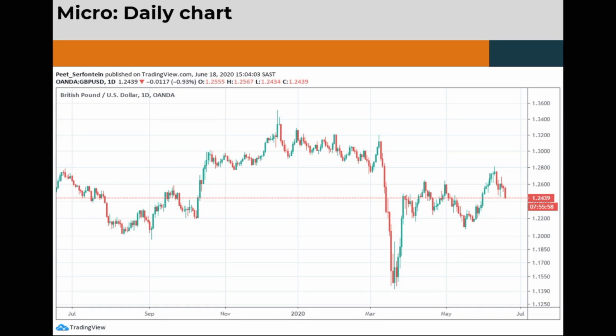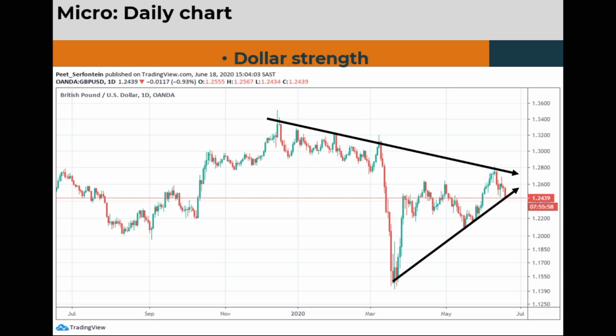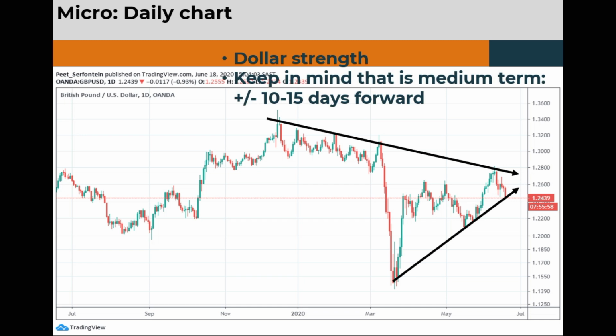Now let's look at my micro setup, and that's typically my daily chart referencing about a year of data. You can see now 2 trend lines that are converging, but overall if I'm looking at peak and trough analysis, you can see an indication still of dollar strength. Now keep in mind that my medium term forecast, that's typically in days, is going out for about 2 weeks, 10 to 15 days forward.